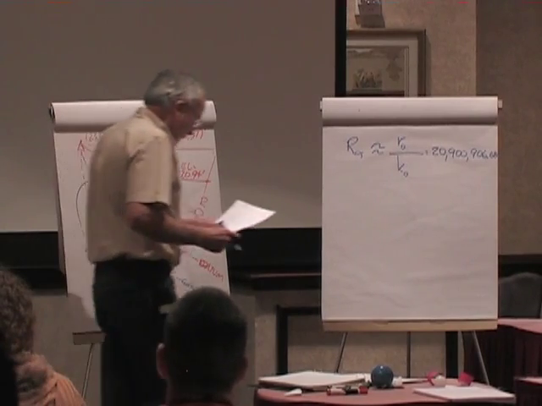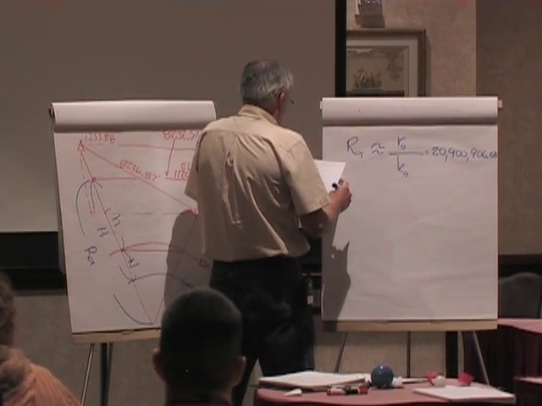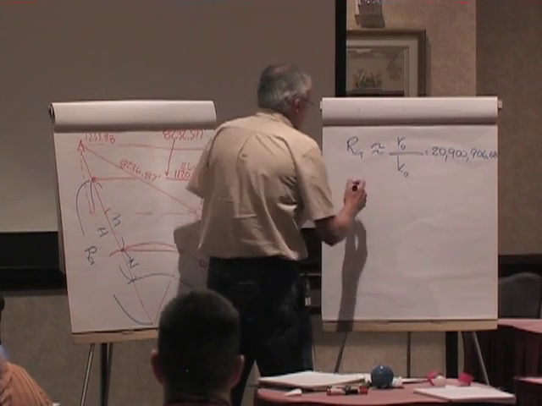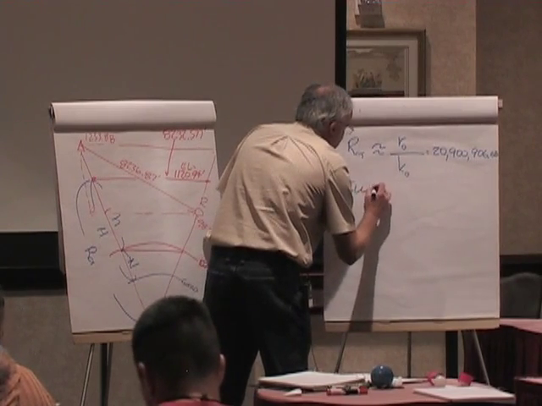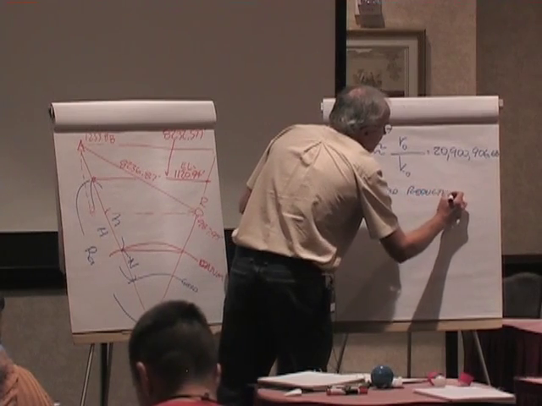And the way you do that is to come up with what's called the ellipsoid reduction factor.